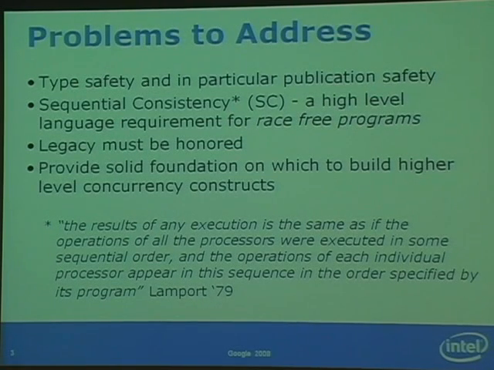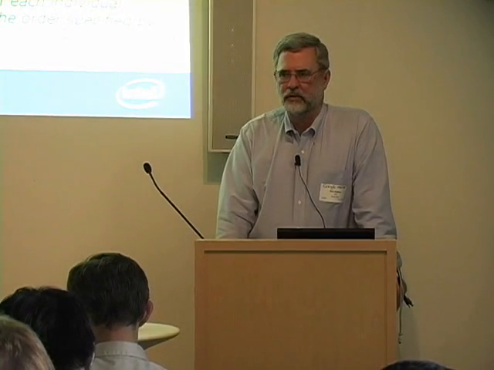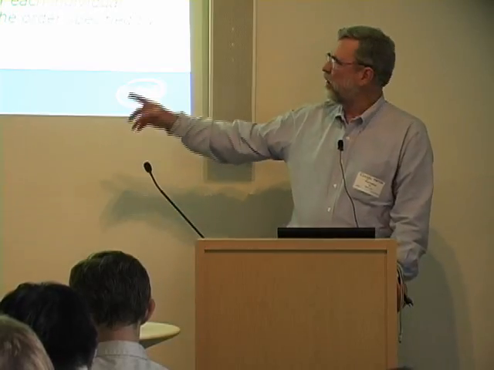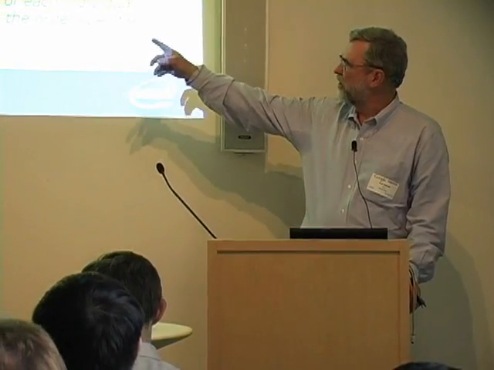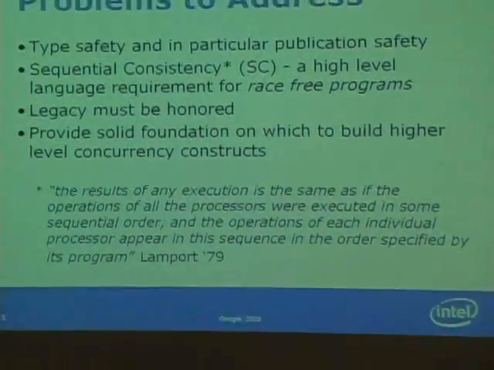Just to bring everybody to a level playing field, we think race freedom is defined as multiple accesses at the same location where one or more of the accesses is a write. And again, that's a dynamic property as opposed to a static property. I don't want to misdefine what Lamport defined as sequential consistency, so I put the actual definition on the board there.